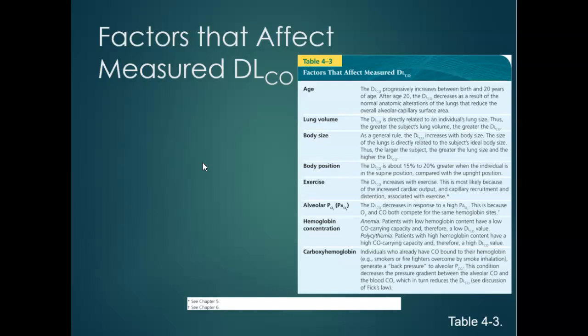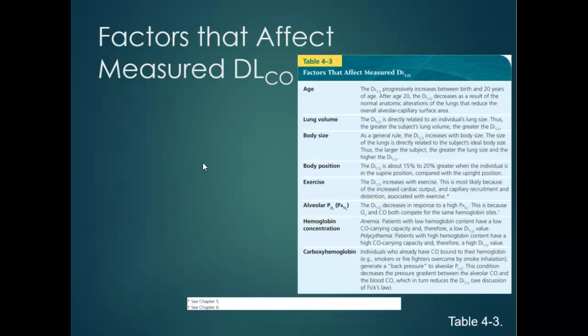Lung volumes: if I can't take as large of a breath in, that is going to affect how much diffusion happens, because ventilation affects diffusion. We talked about that. So the greater the ventilation, the greater the size of the breath, the greater the amount of diffusion. Body size: typically that DLCO level is going to increase with body size, because then our lungs are bigger.